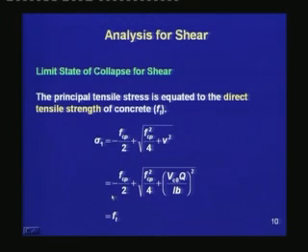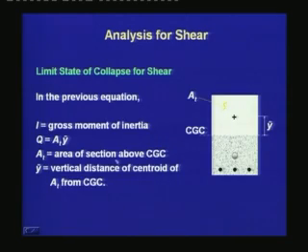Here we have written the expression of sigma 1 from the Mohr circle, and we are equating that expression to Ft, which is the direct tensile strength of concrete. In this previous equation, I is the gross moment of inertia, and Q is the product of the area above the CGC times the vertical distance of the centroid of that area from CGC.